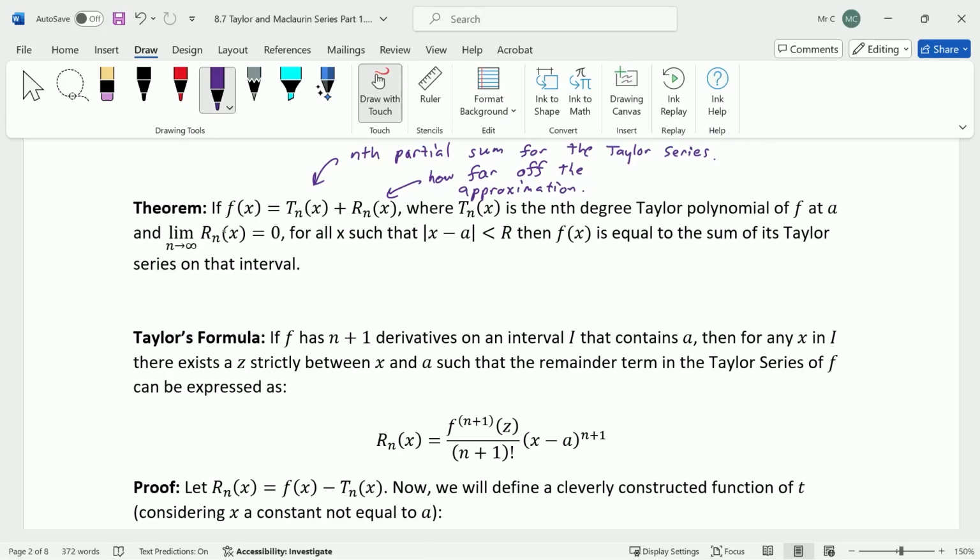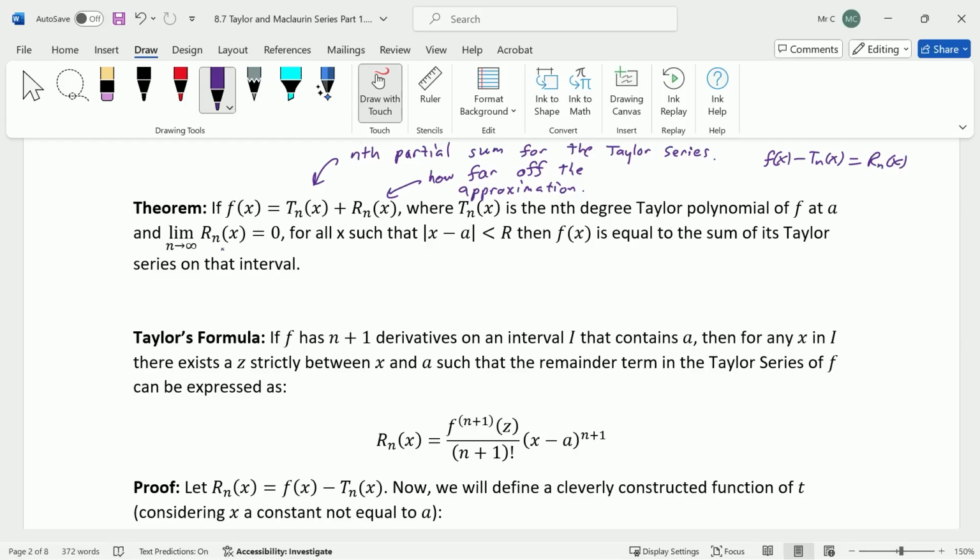Because if I just subtract t sub n across, we get f of x minus the Taylor polynomial is r sub n of x. So literally, r sub n of x means the difference between the actual function and the Taylor polynomial. So t sub n of x is the nth degree Taylor polynomial of f at a, and the limit as n goes to infinity of r sub n of x is 0.